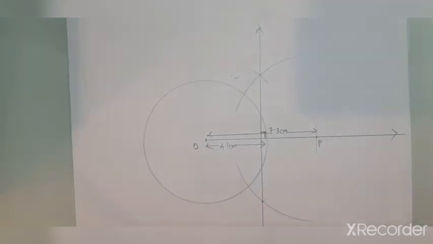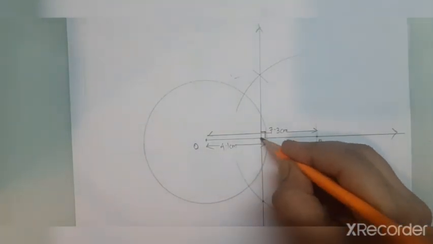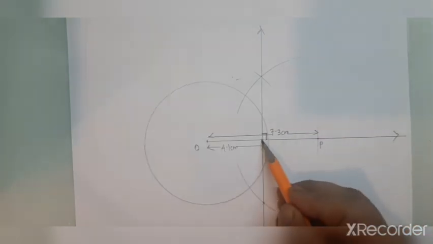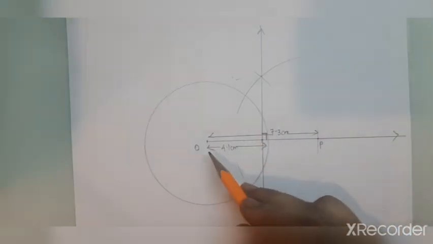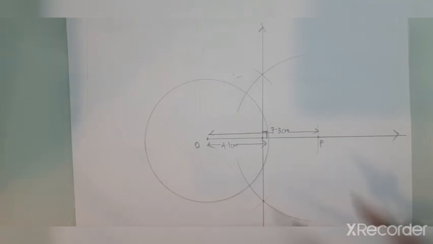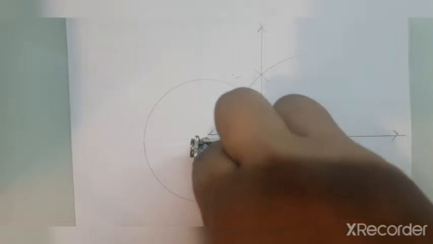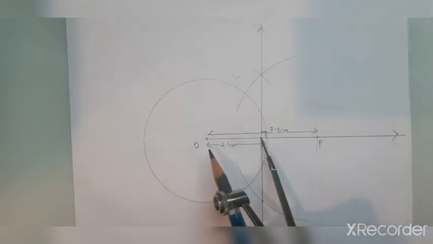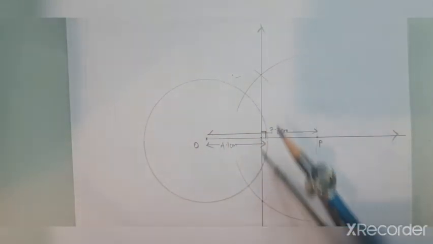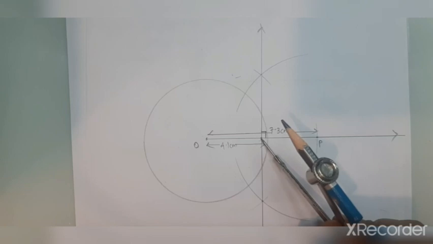Okay. Now, once I get this perpendicular to OP, this point here, where the perpendicular is drawn to OP, from that point to the center of the circle, I will keep the pointer where the perpendicular and this segment meet.